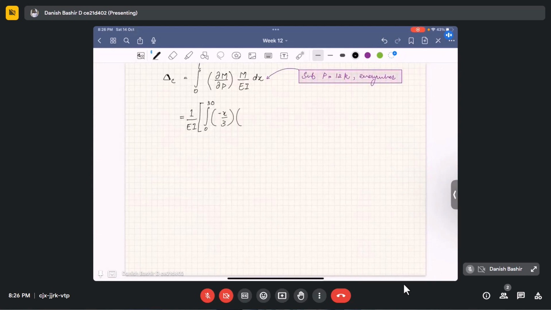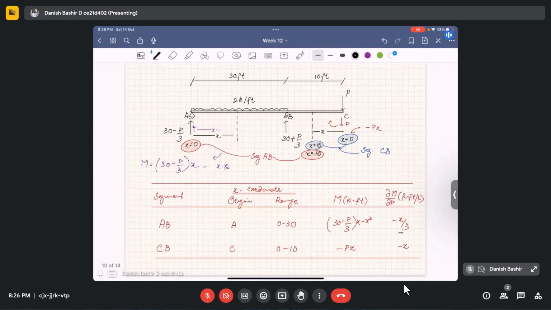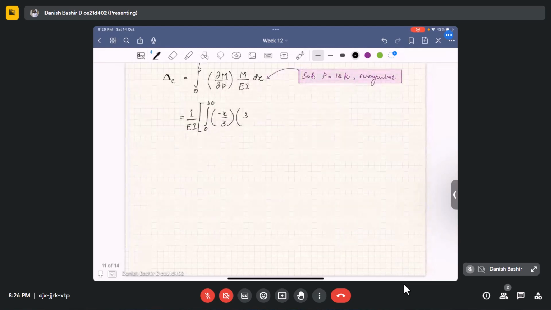And what is the expression for m? M is 30 minus p by 3 times x minus x square, and we have to put p equals 12 kilopound. Okay, it is 30 minus 12 by 3 times x, x minus x square. This is the whole term. EI is already taken outside, it's dx.